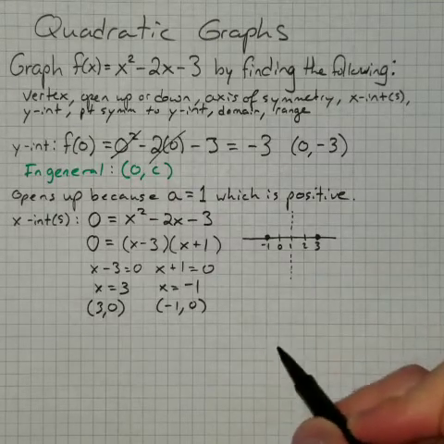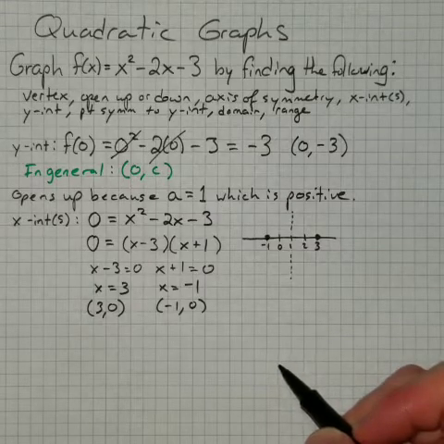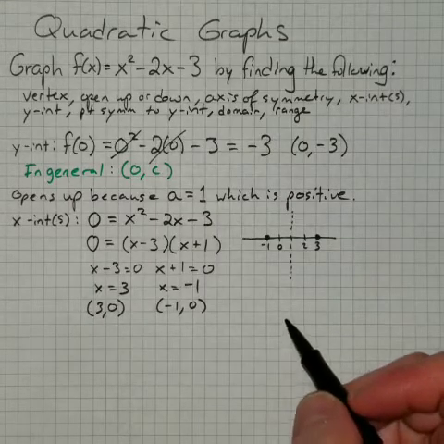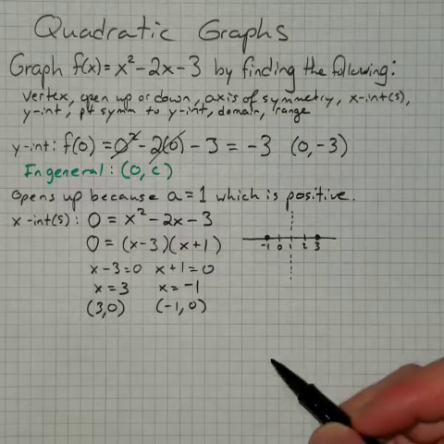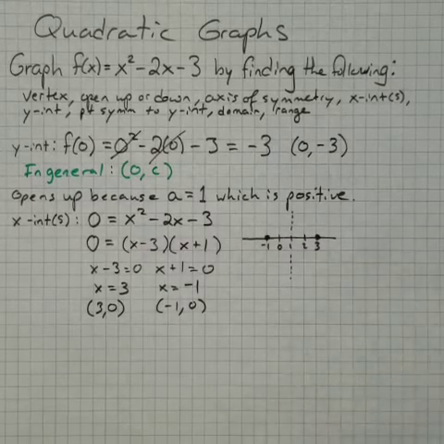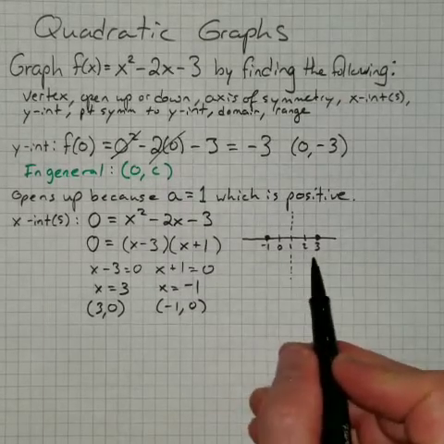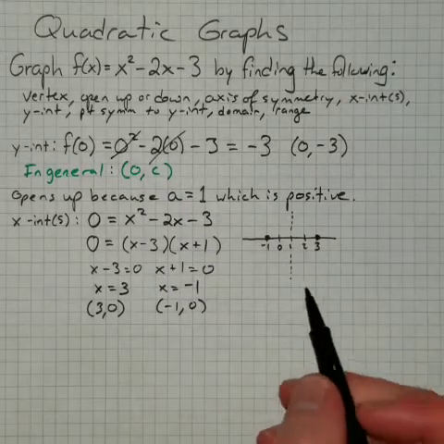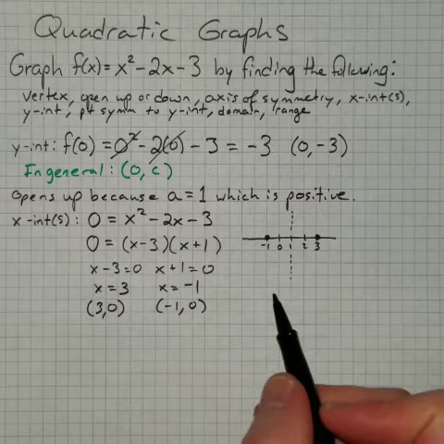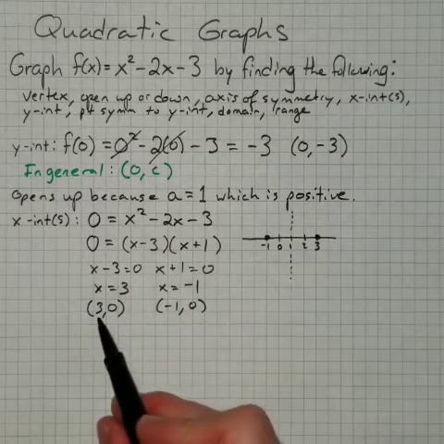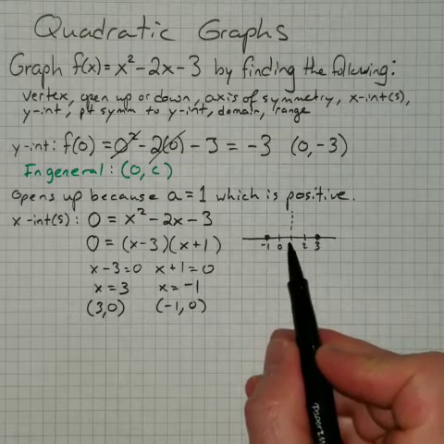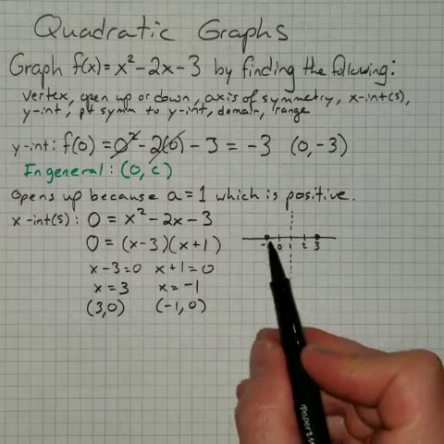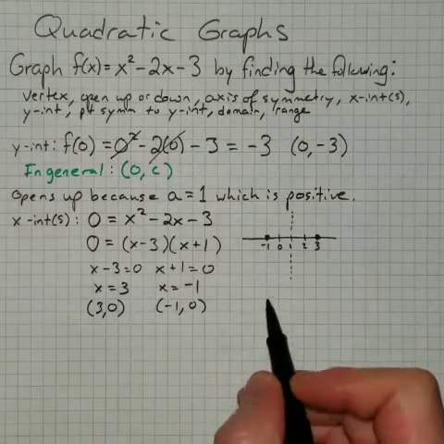The numbers don't always work out that nicely, though, and so we need a nice formal formula or process to be able to find that, even if the numbers are really nasty. One technique is to just take the average. To find a number in the exact middle of 2 other numbers, you can take the average of those 2 numbers.